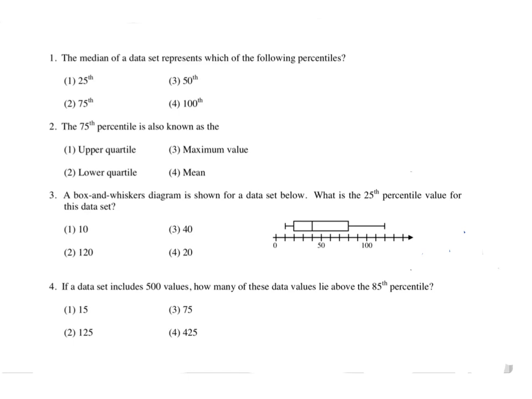For our last set of problems, we're going to look at the association between percentile ranks and data itself. So, percentile rank is important because it breaks the data up into 100 little portions.